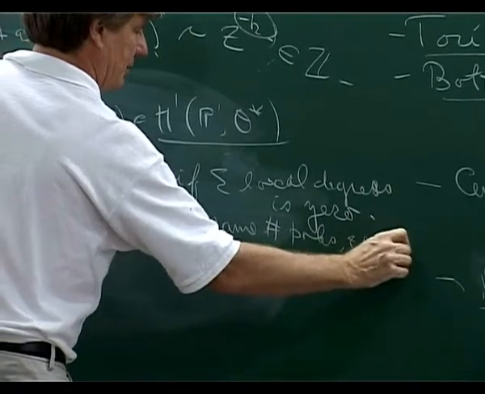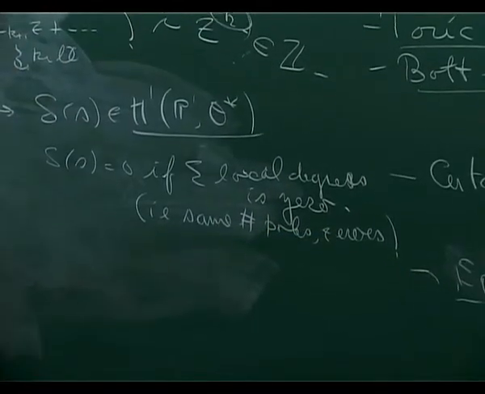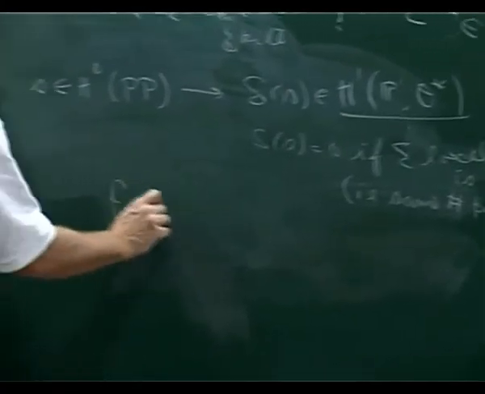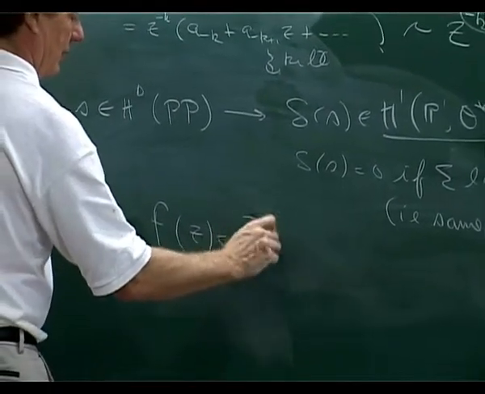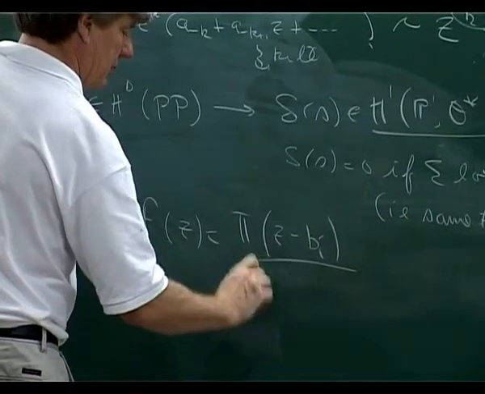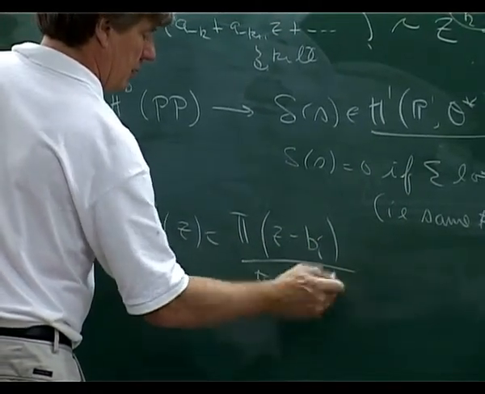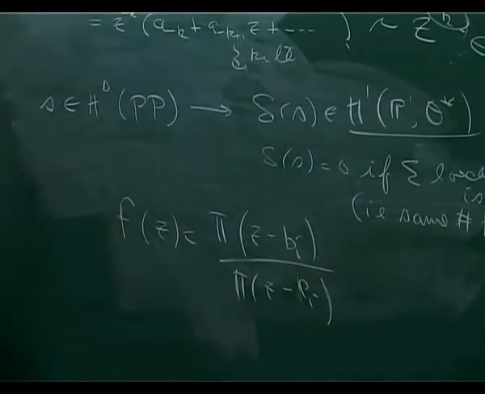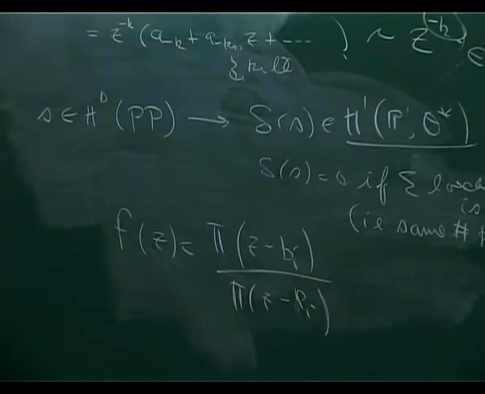counted with multiplicity. Okay, and indeed you write out, I don't know, f of z has the following form, with the c_i. So you can write out an arbitrary map that way.